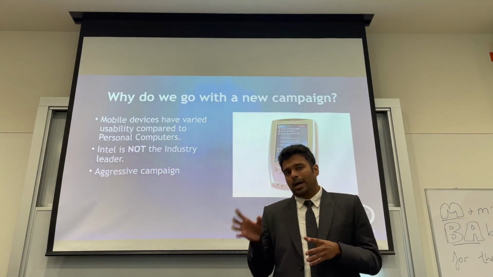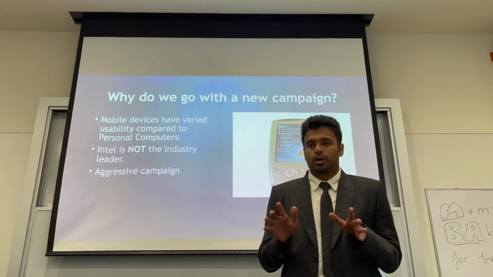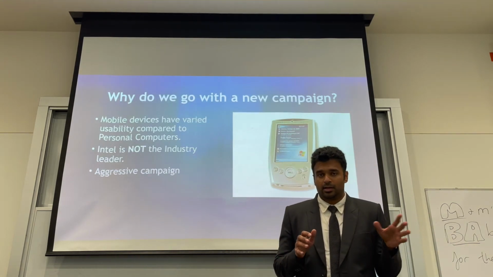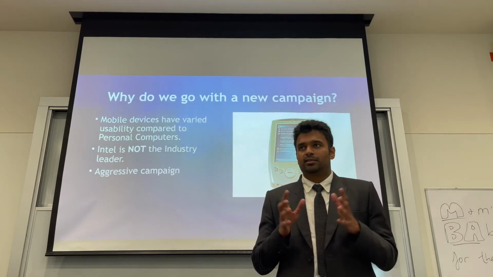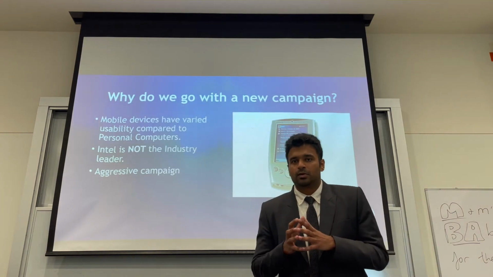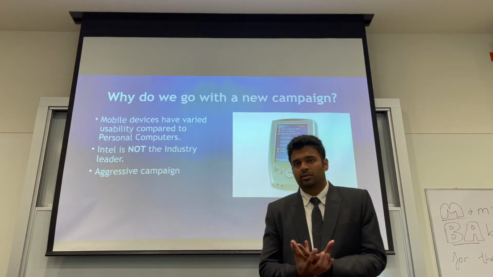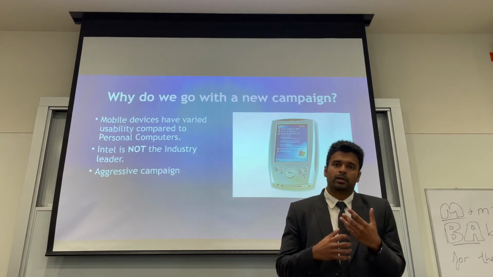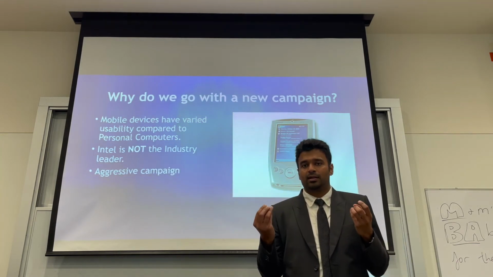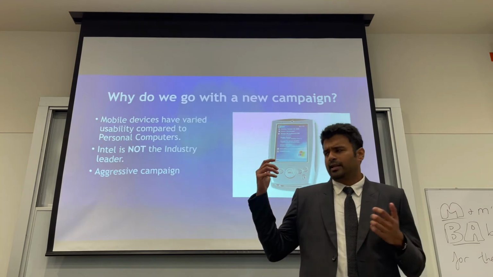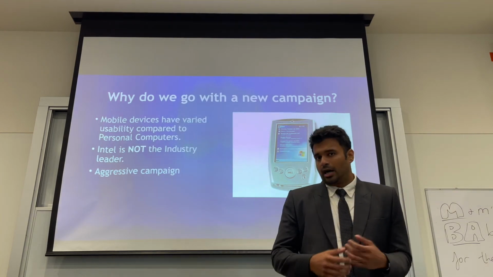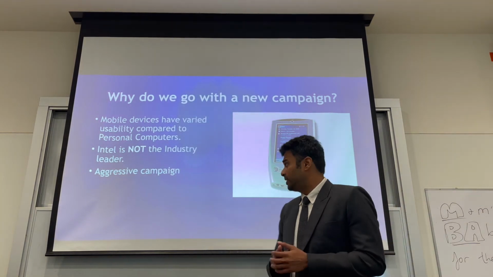However, in the mobile devices segment, Intel is not the market leader. Texas Instruments is, Qualcomm is, Motorola is. Intel just holds 1% market share. So we need to have a much more aggressive marketing campaign in order to make people aware of what exactly is inside their phones.